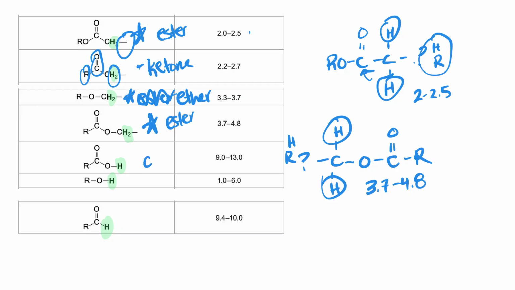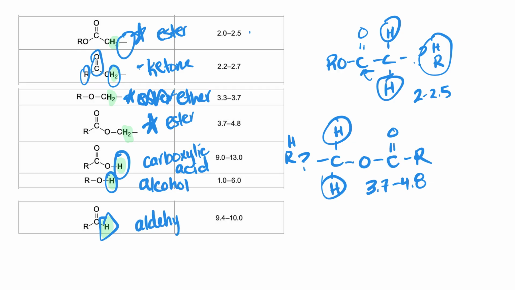We've also got our carboxylic acid here. And this is the proton on the OH of the carboxylic acid. We then have the alcohol functional group. And so that's the proton on the alcohol. And then finally, the last one at the bottom, this is our aldehyde specifically.